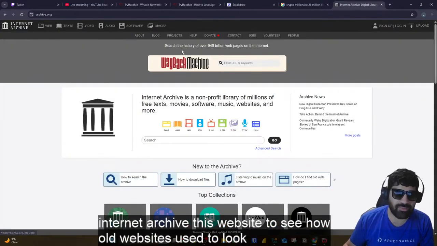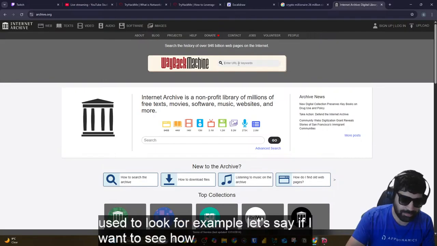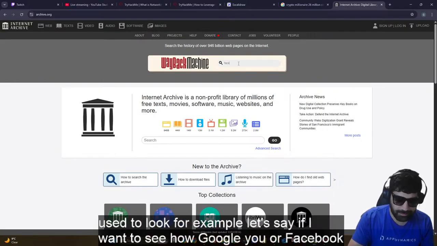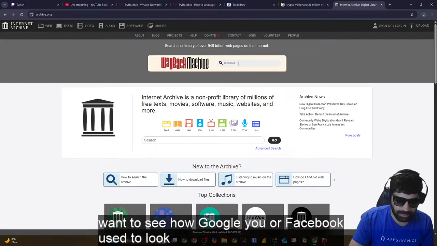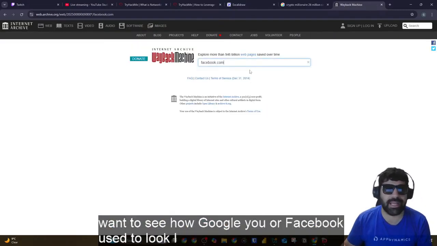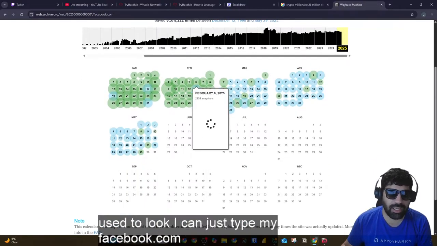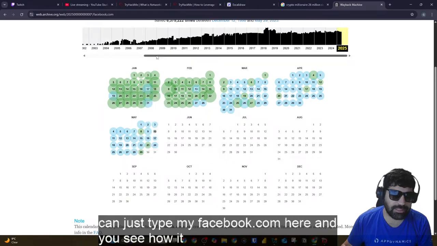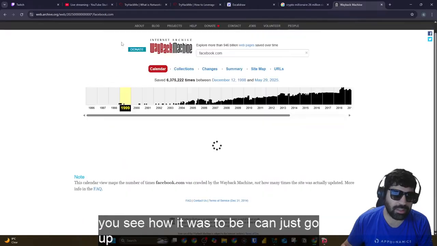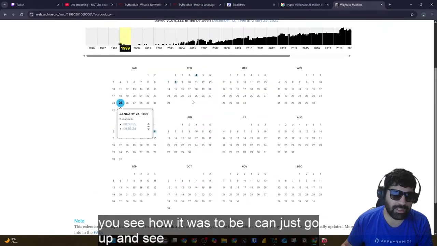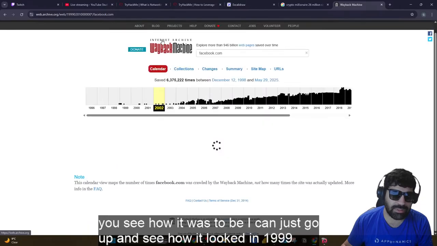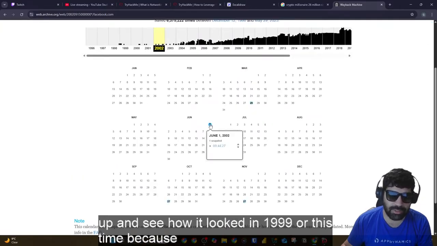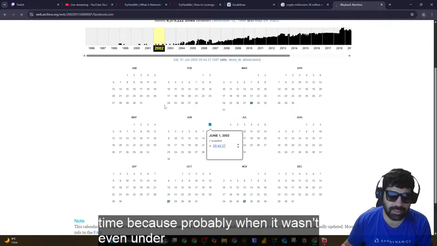For example, if I want to see how Google or Facebook used to look, I can just type facebook.com here and you see how it used to be. I can just go up and see how it looked in 1999 or this time, probably when it wasn't even under Mark Zuckerberg.